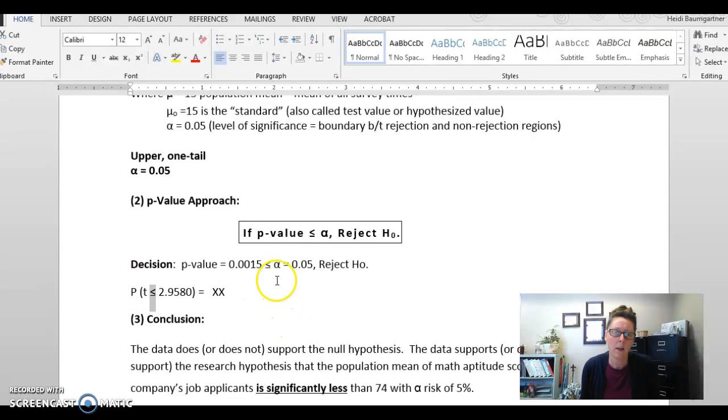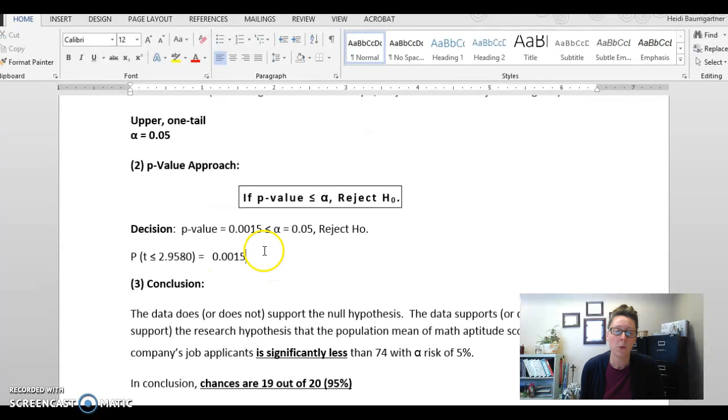And this is the same direction sign as this one, less than or equal to. We're just putting it in another context. So where the test statistic is less than or equal to 2.9580, our p-value is this same number right there.